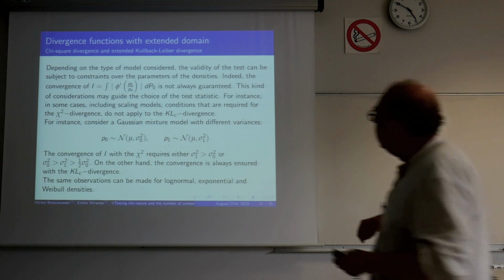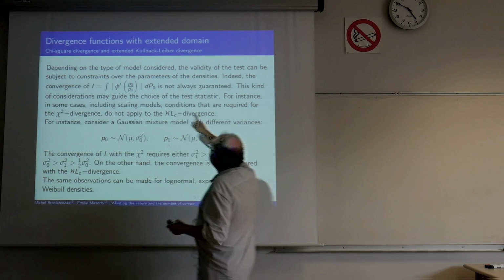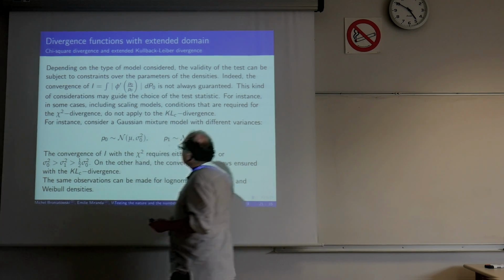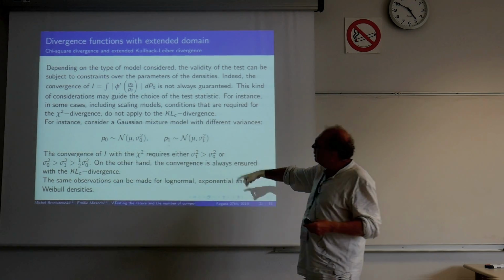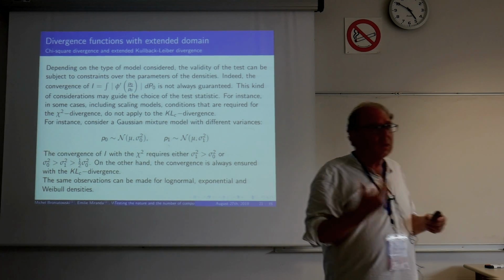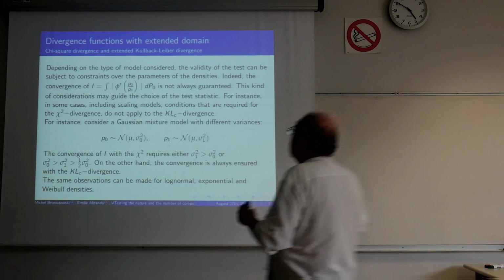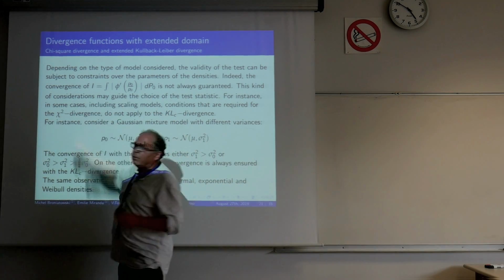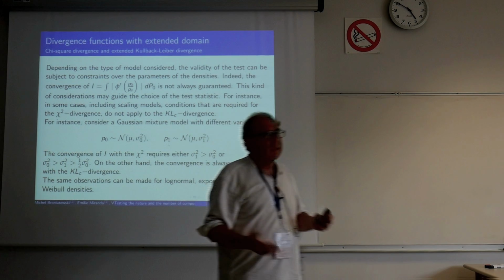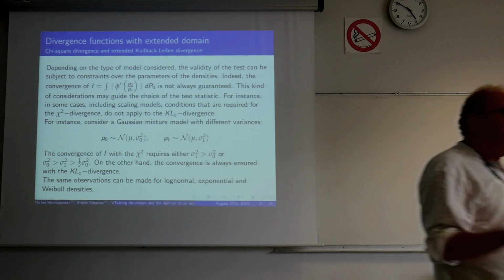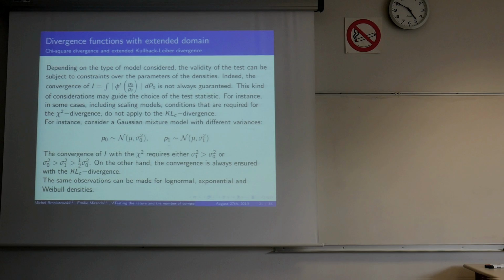And secondly, we have this integration condition. And what's interesting is that according to the choice of the divergence, the condition under which we have this dual formula, and therefore the estimate, and therefore the test, is not equivalent at all.